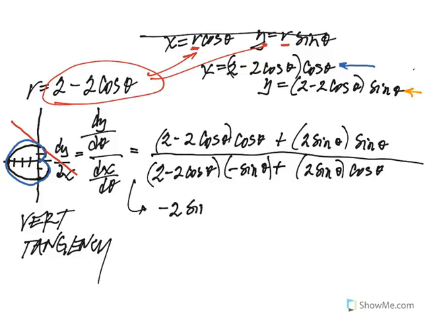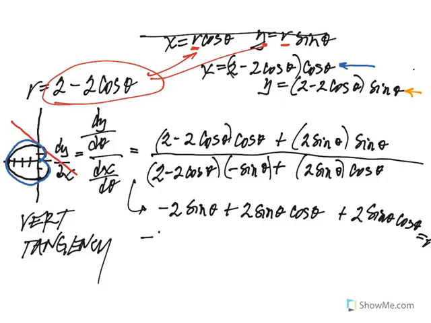This gives me negative 2 sine of theta plus 2 sine theta cosine theta, plus 2 sine theta cosine theta is equal to 0. So I'm going to set the bottom equal to 0 and solve it. This looks like negative 2 sine of theta plus 4 sine theta cosine theta is equal to 0.